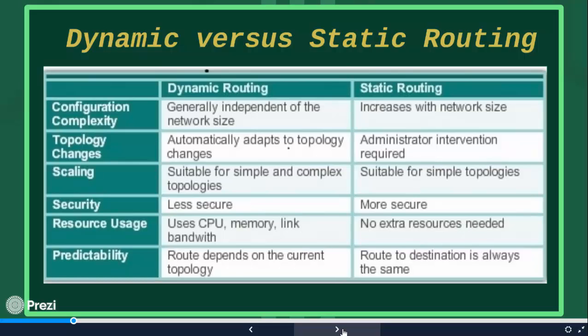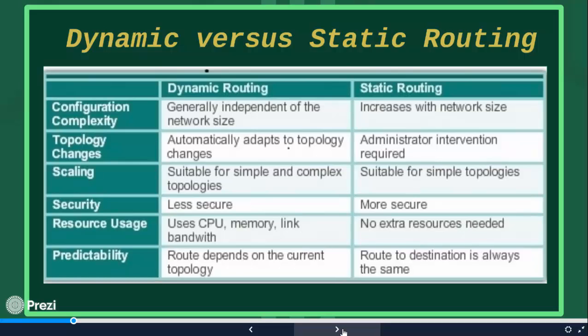In configuration complexity, it is generally independent of the network size in dynamic routing, because when the configuration is set, the router itself will automatically do the routing on its own. But in static routing, it is to be done manually.